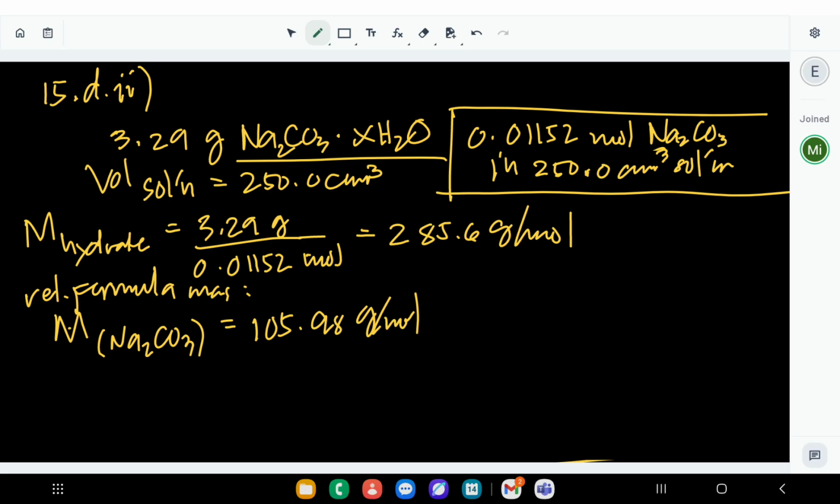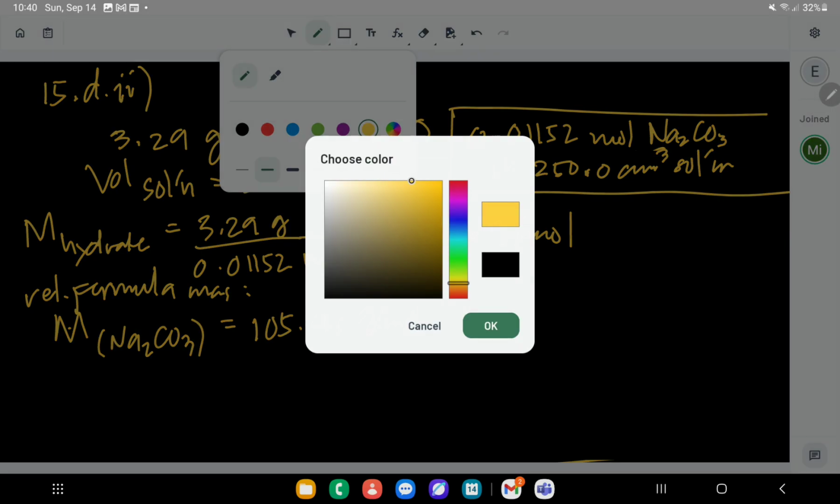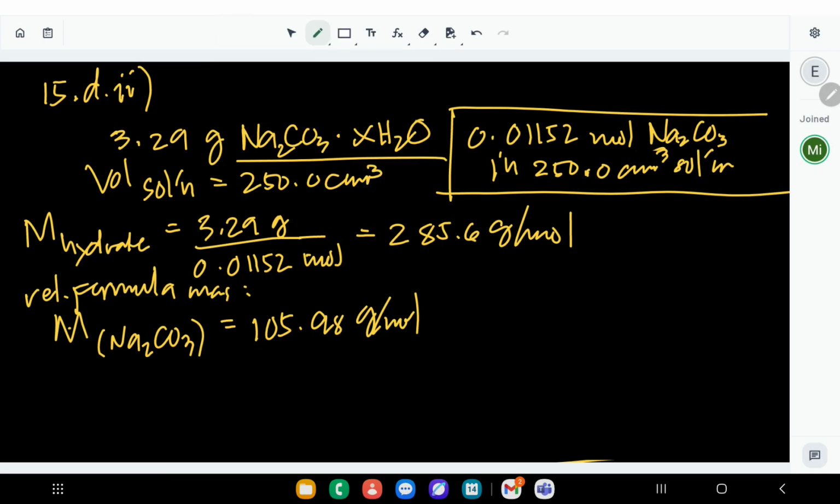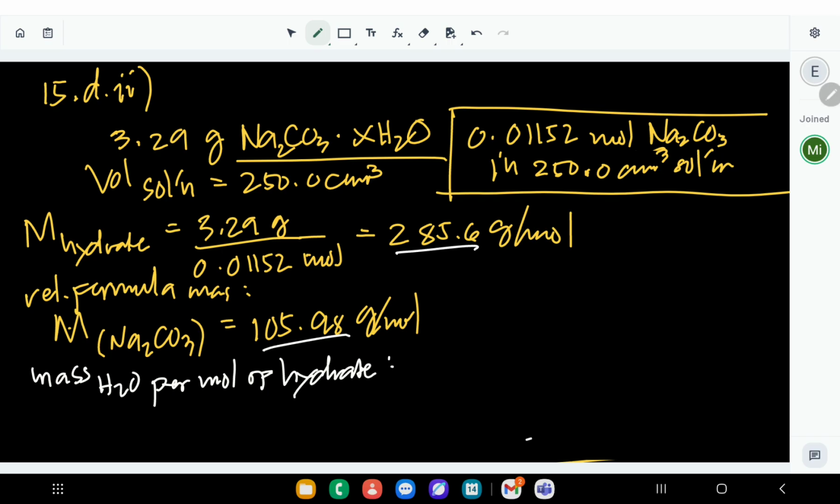Then we get the mass of water per mole of hydrate. So we just subtract here. We subtract this one from here.